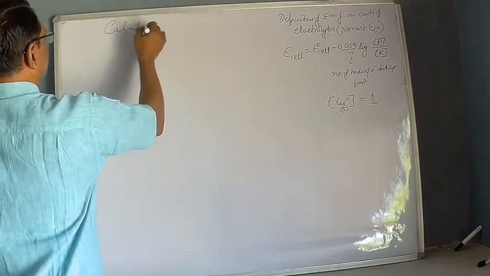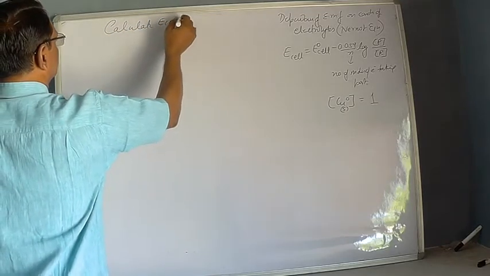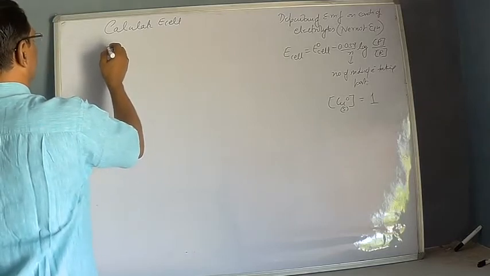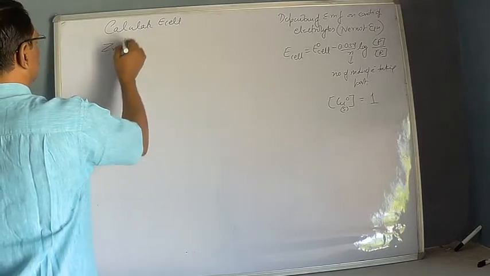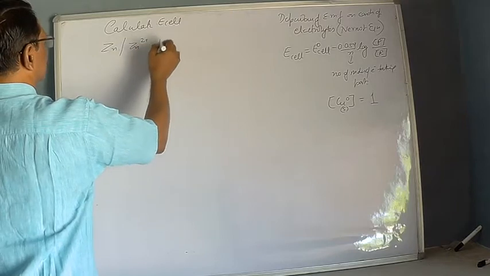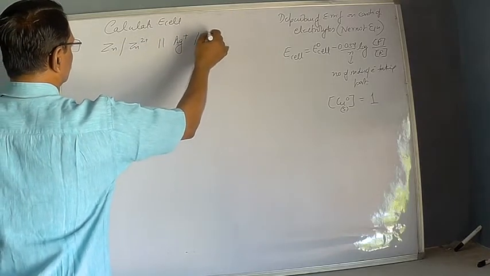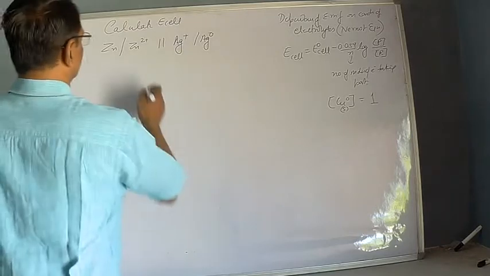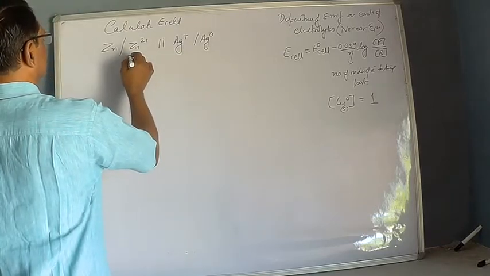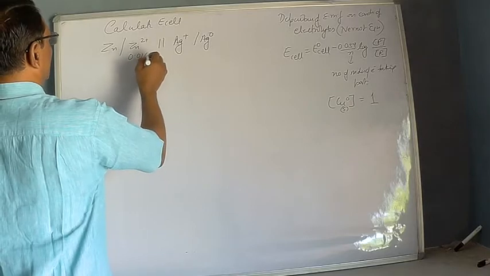Calculate E cell, and it has been given to you Zn | Zn2+ || Ag+ | Ag0. Here concentration is given 0.01 molar.